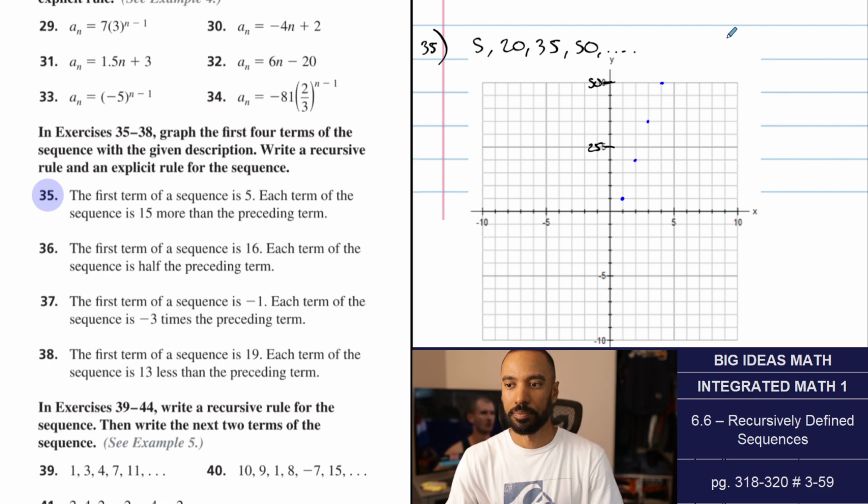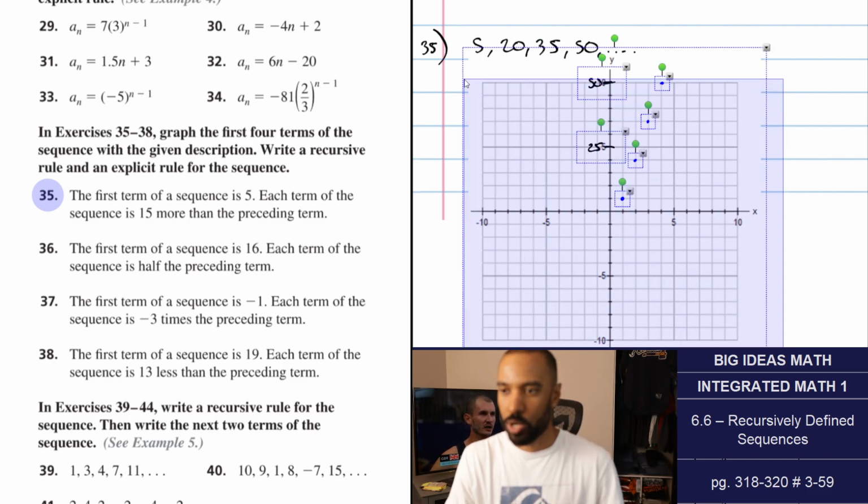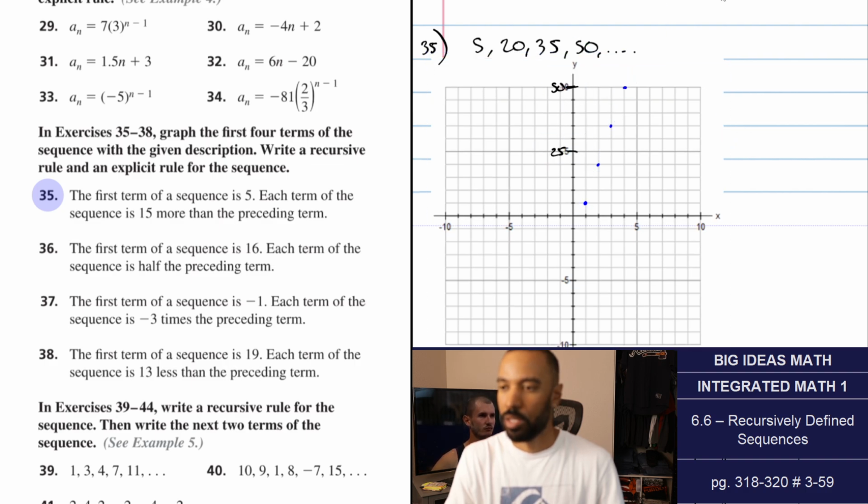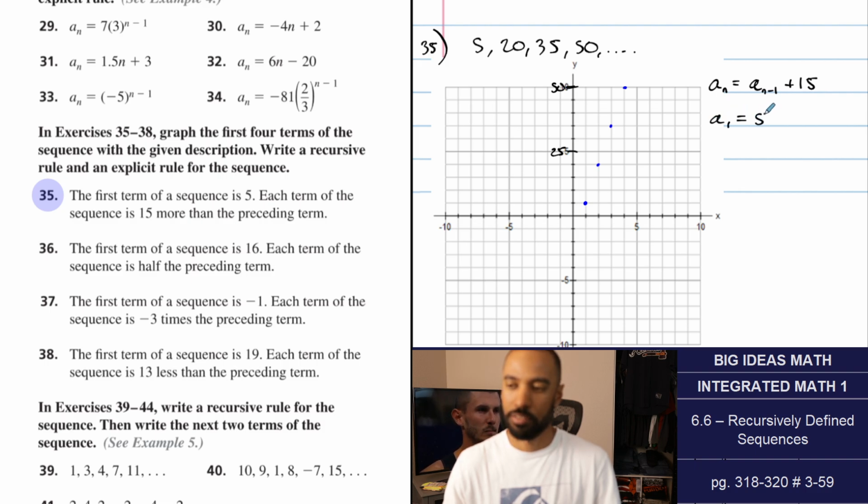There's the graph. Our explicit and recursive rules can also be written. I'll try and fit them on the side here. Which one should I do first here? They say write recursive and explicit. Let's start with recursive. So a sub n is a sub n minus 1 plus 15, and a sub 1 is 5. So you're starting from there. There's the recursive rule.